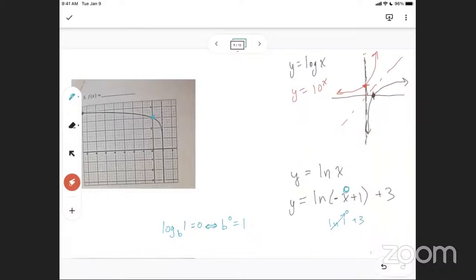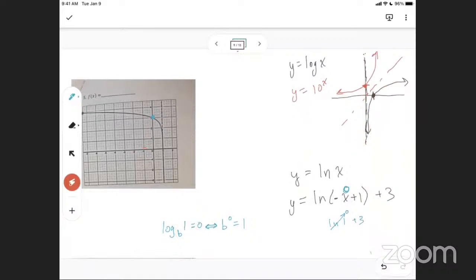So that checks out, but let's try another point. Let's try -1.